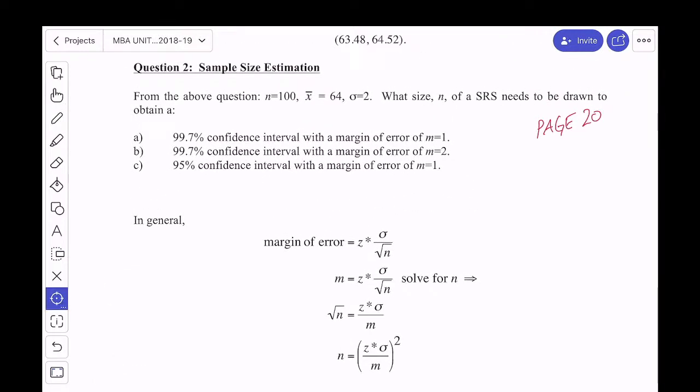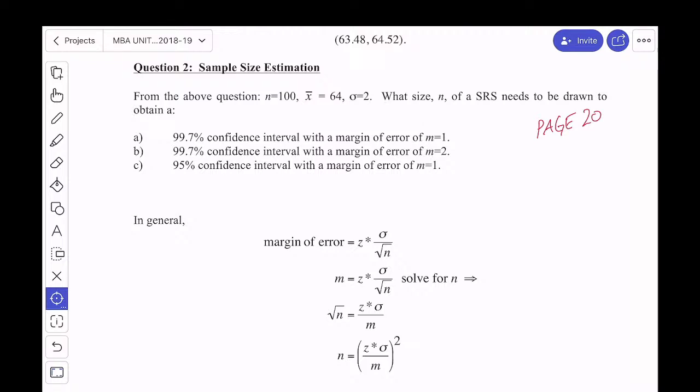is for this example, for women's heights at 64 inches on average in a sample of 100 with a standard deviation of 2 known, population standard deviation, what should the sample size be to obtain a margin of error of 1 for a 99.7% confidence interval?